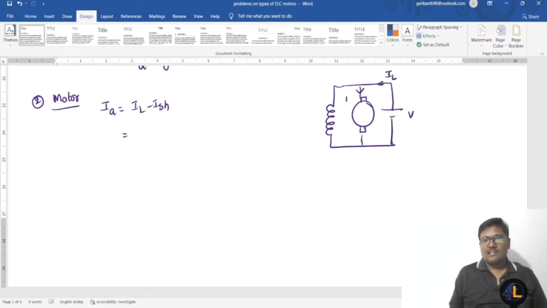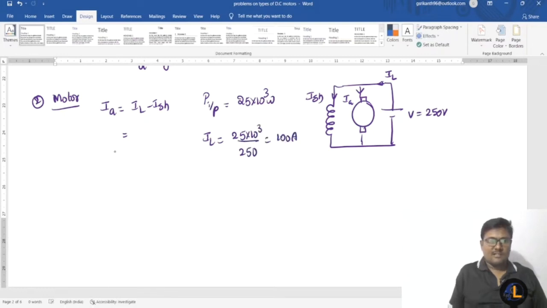It draws a line current, IA and ISH. The input power is now 25 kilowatts. The line current is equal to, the supply voltage is 250 volts as given in the problem, 25 into 10 to the power of 3 divided by 250, that is 100 amperes.